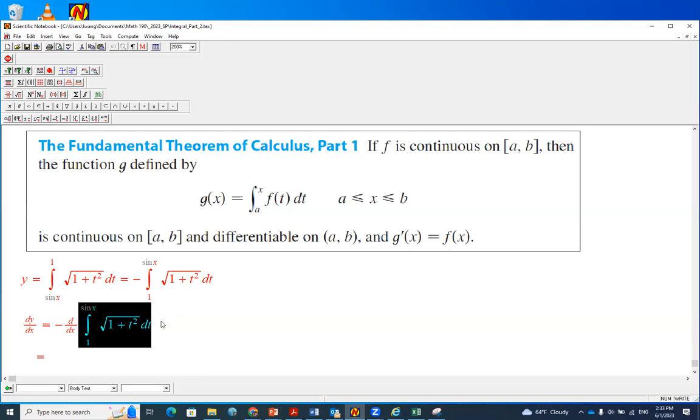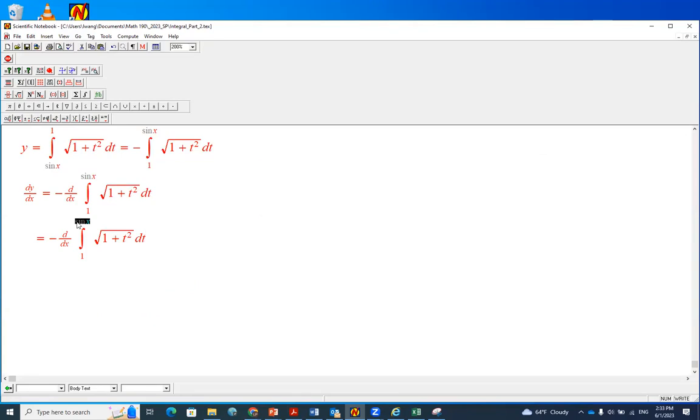And this function is really the g for sine x. So what I did is I keep it this way. I make this u, and du multiply du dx.